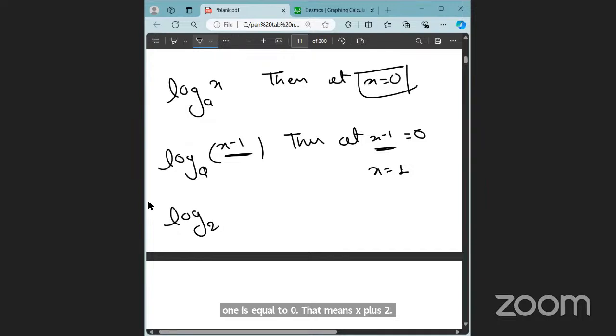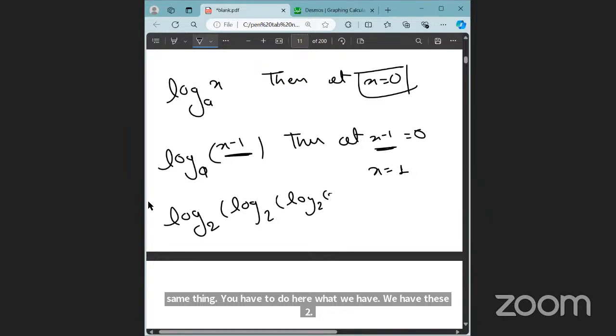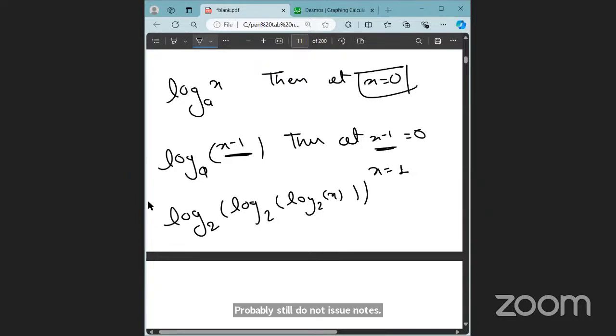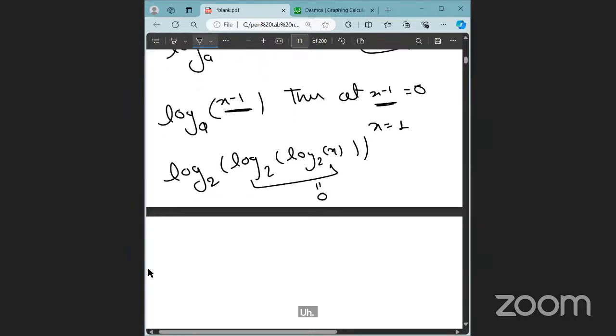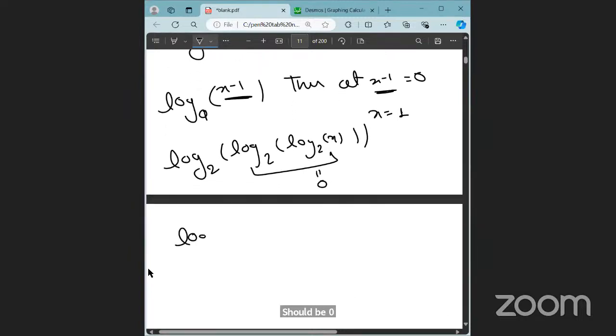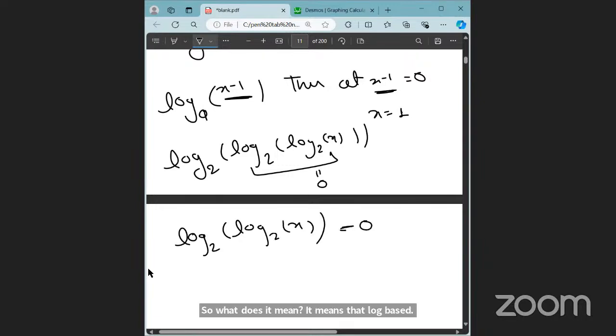So the same thing you have to do here. We have log base 2 of x. What does it mean? Ultimately, the log base 2 of this thing should become 0, then we have the asymptote.